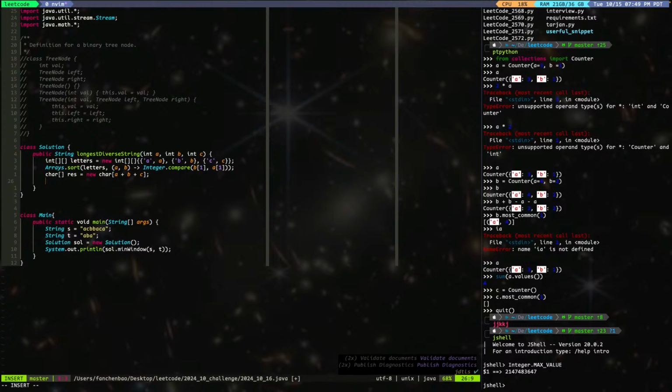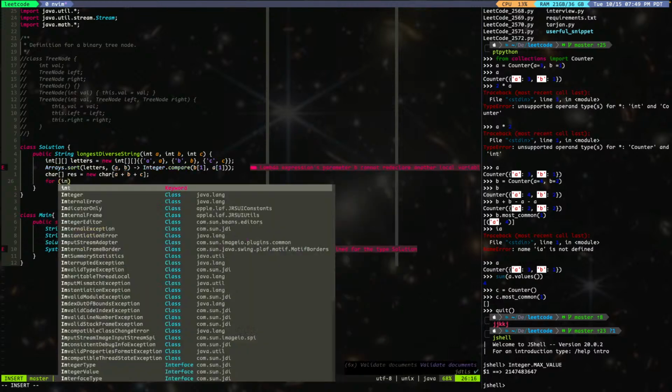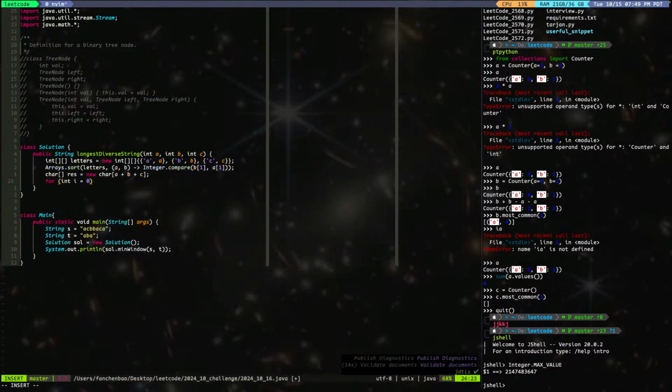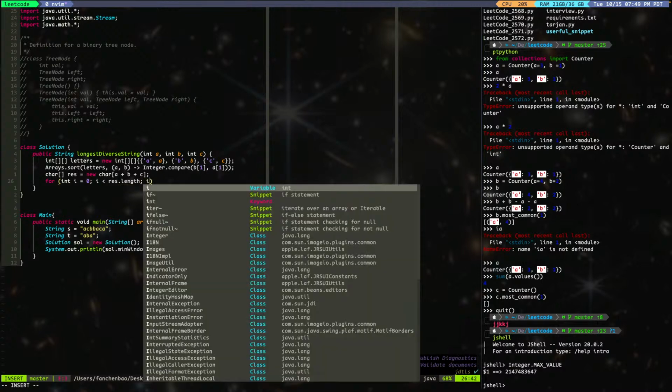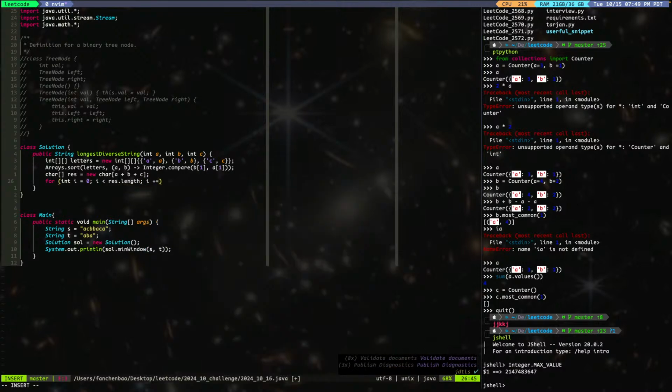And then for the longest one, we're just going to do 2 skip, 2 skip, and 2 skip. Okay, so for int i = 0; i < res.length; i += 3. So 0, 1, 2, 3, right?